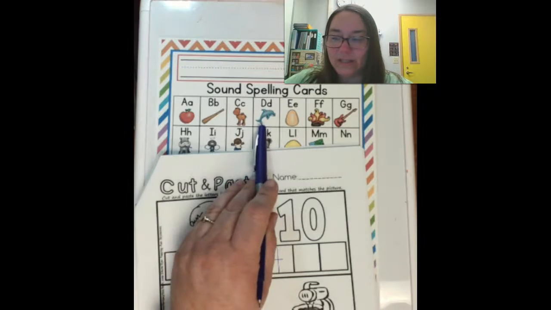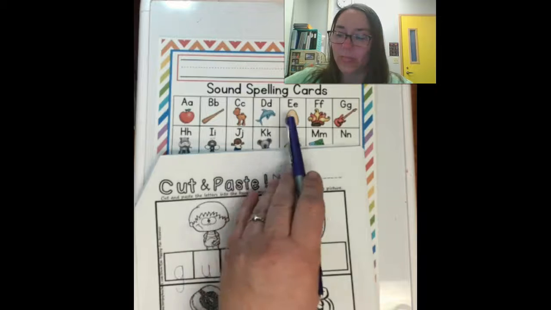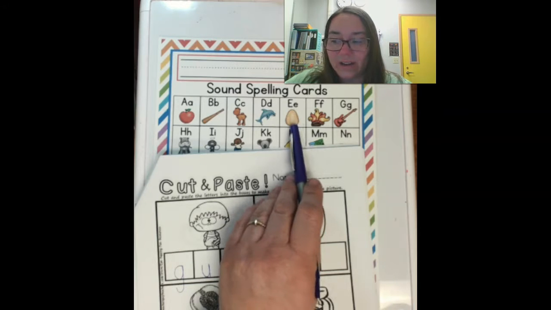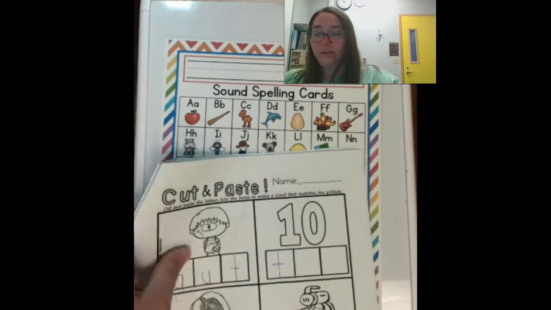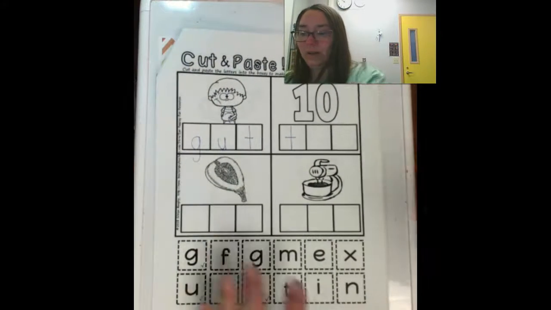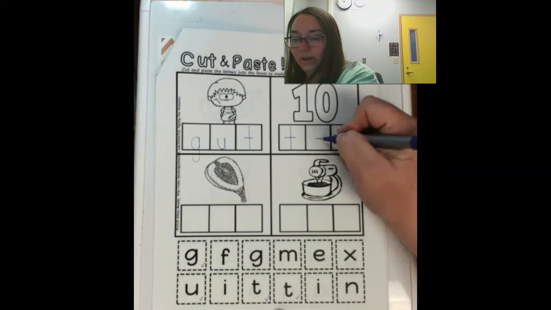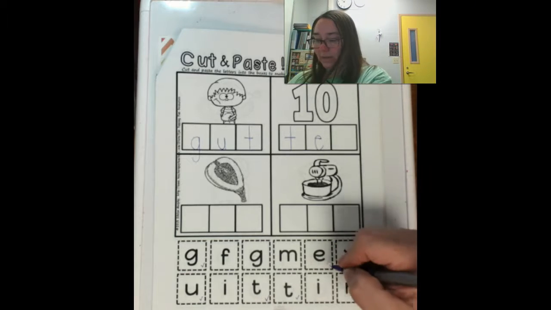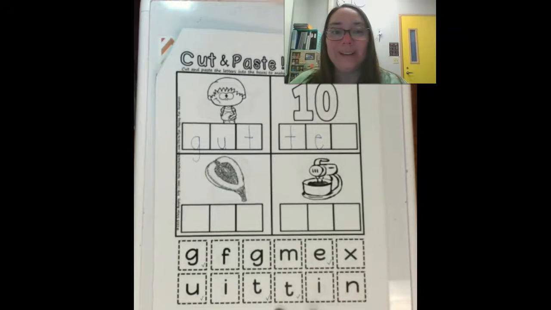D says d. An E says eh. I found it, like egg or elephant. The letter E. And this one, we're gonna do a little line over and then a magic C. Let's find the E down here, cross it off.